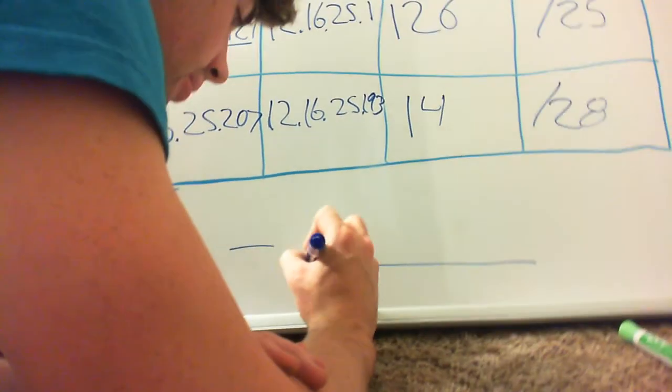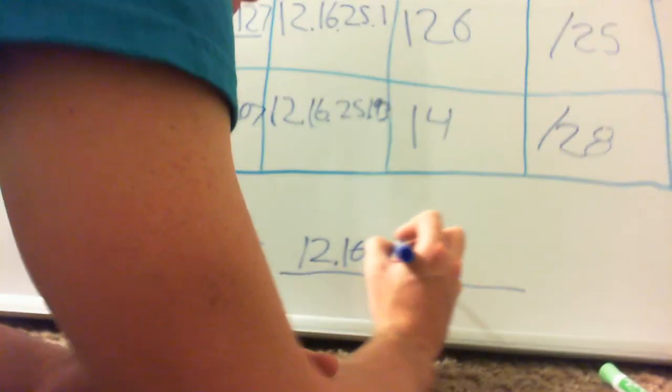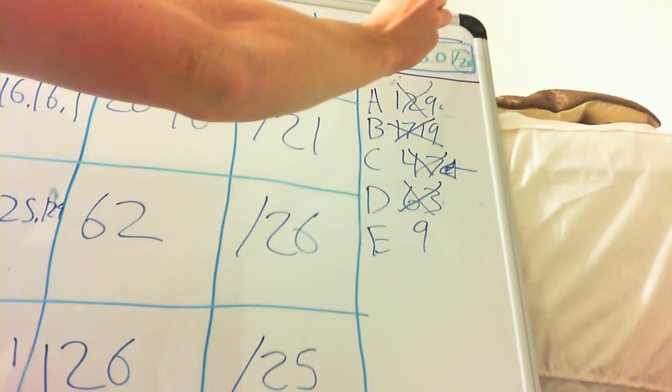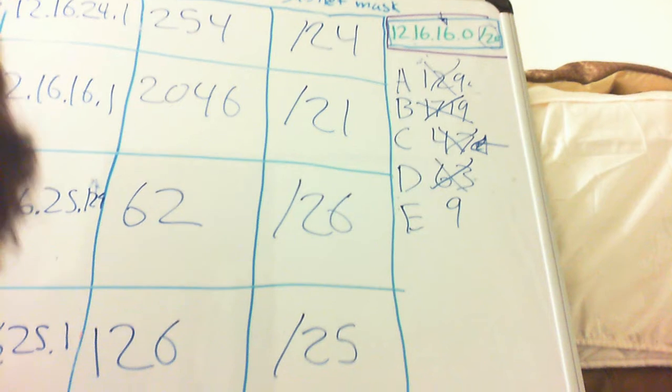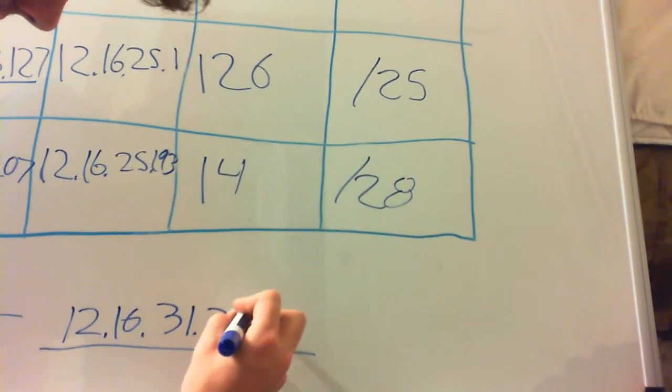So we're going 12.16.16 class C's plus this number, which makes it 31.255.